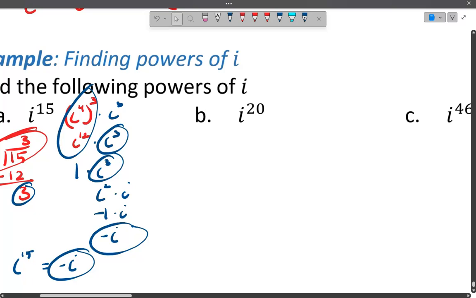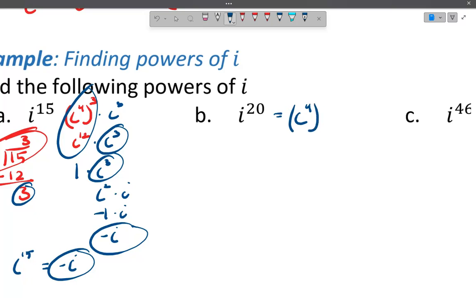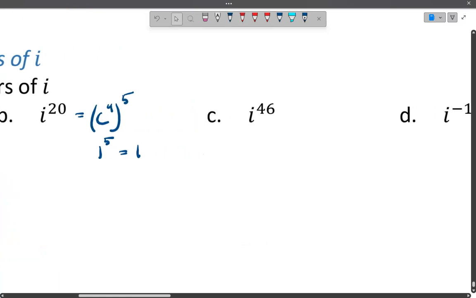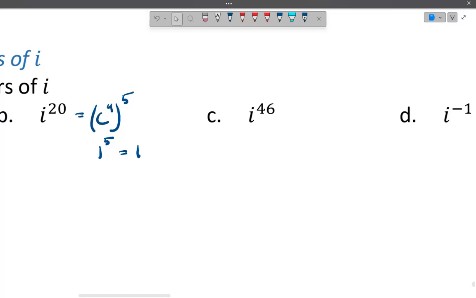i to the 20th is a multiple of 4. This is equivalent to i to the fourth 5 times by using the power rule. 4 times 5 is 20. That means that I have 1 raised to the 5th power, which is just equal to 1. If I take 46, I want to figure out, well, what's the closest multiple of 4 that is less than 46?